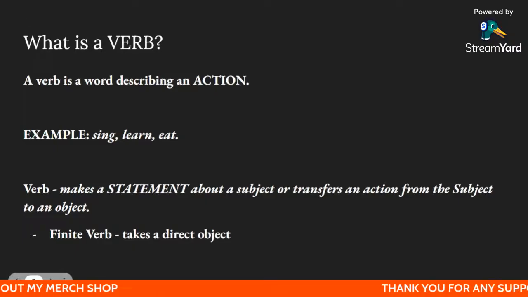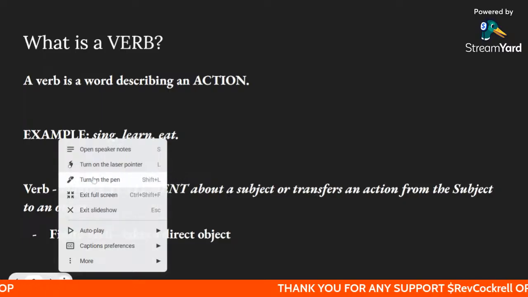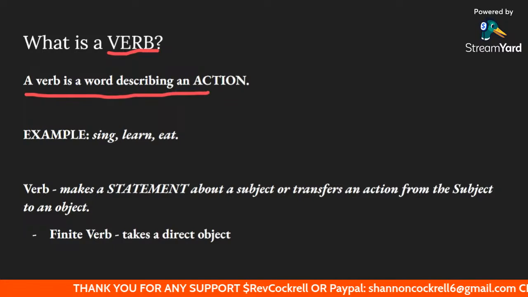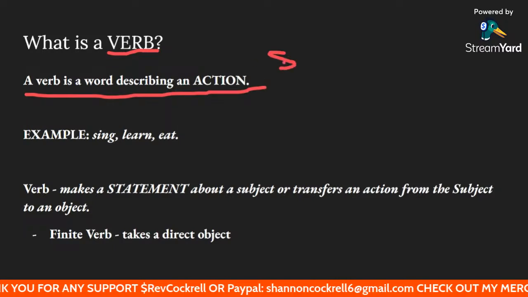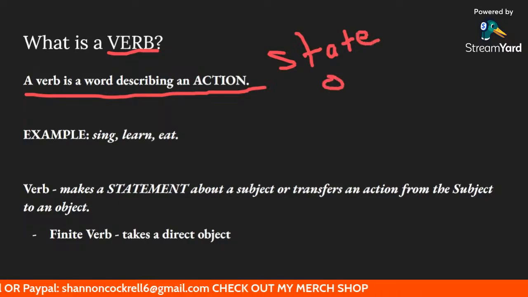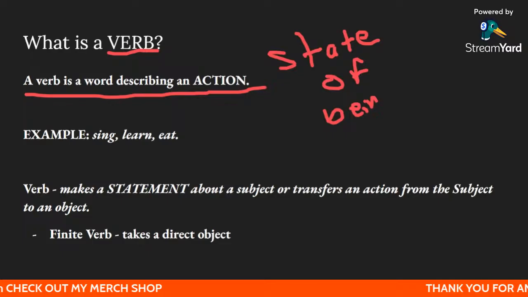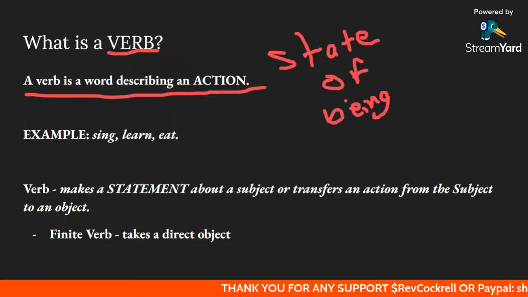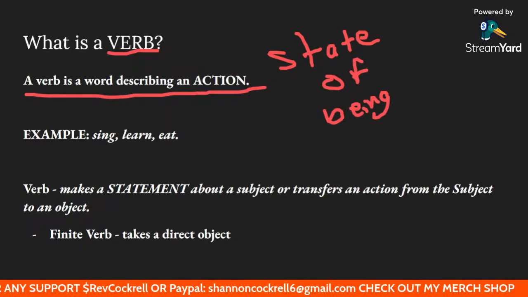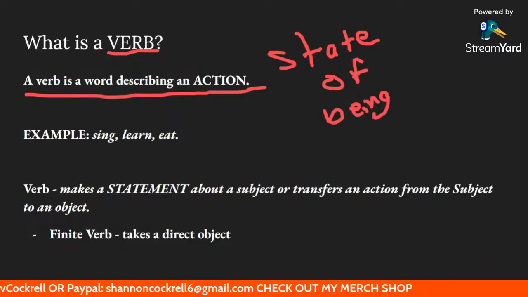So, what is a verb? A verb is a word describing an action or, of course, a state of being. If you're in our Greek class, this is from Learn to Read New Testament Greek by David Alan Black.